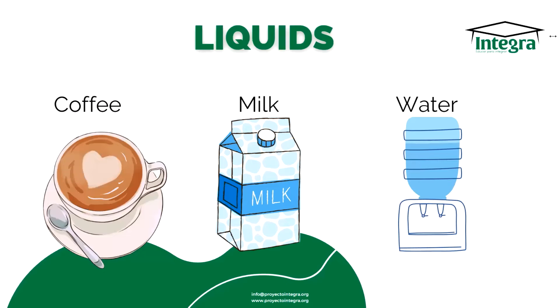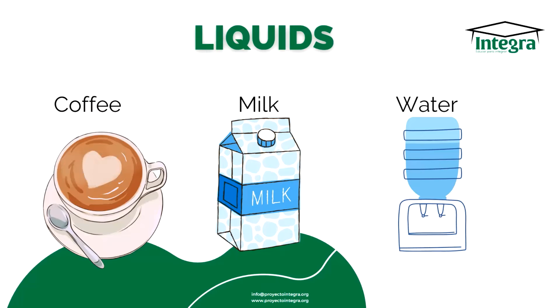You can say that uncountable nouns have different categories. First, we have liquids. For example, coffee, milk, and water. We cannot count them. They are volumes. We cannot say 2 milk, 3 milk, 1 water, 2 waters.